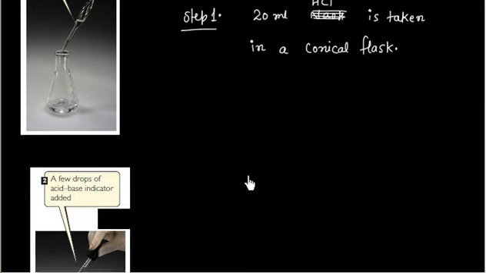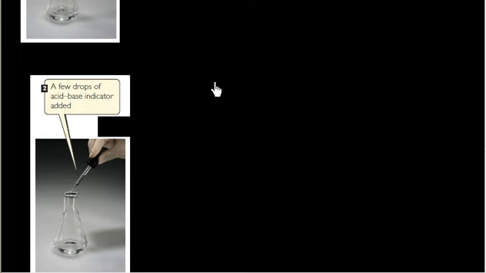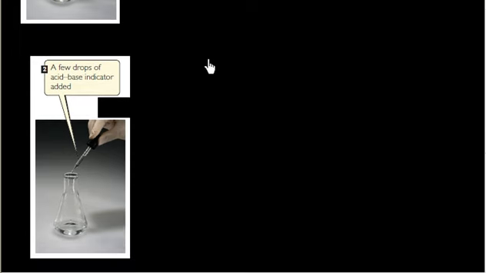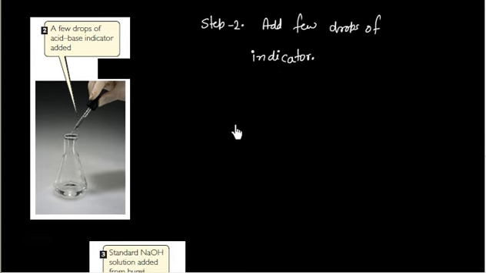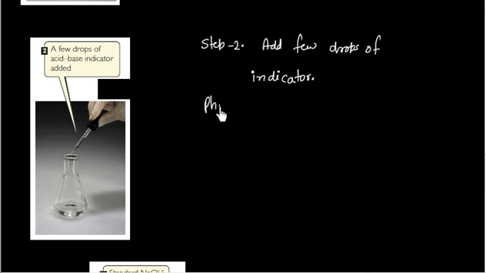Now step 2 will be to add a few drops of phenolphthalein as indicator.